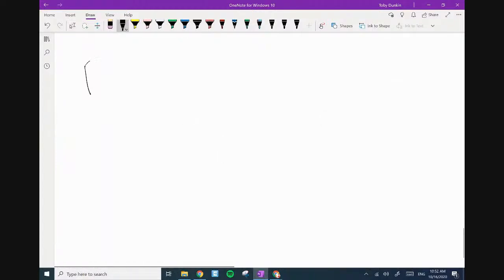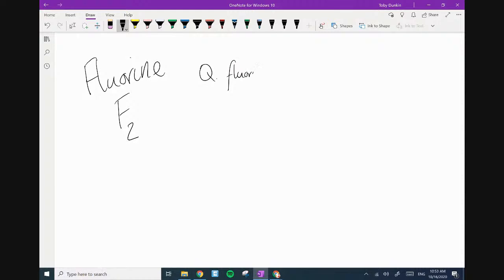Let's go fluorine. So fluorine, F2. Now they're going to tell you in the question. That's what they will do. So this is the exam question now: fluorine is found to exist in a sample as 2 isotopes.